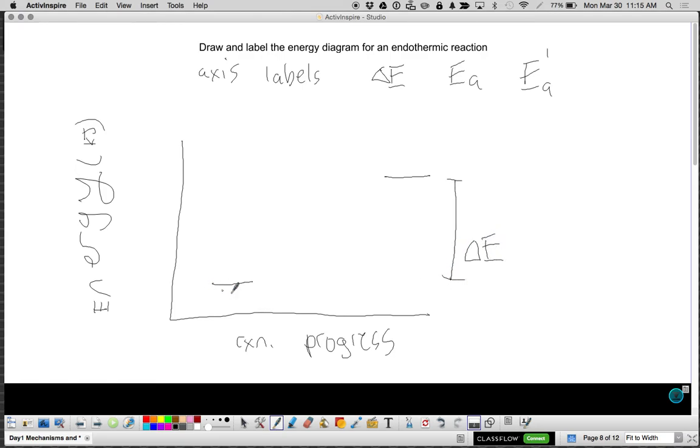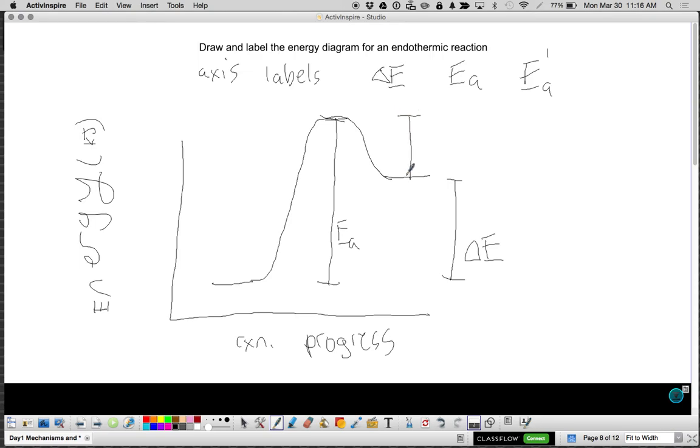from reactants to products. I'm still going to have an activated complex, which is going to be higher. It's going to be the highest energy species present. This from here, from my reactants to the activated complex, is E sub A, the activation energy.